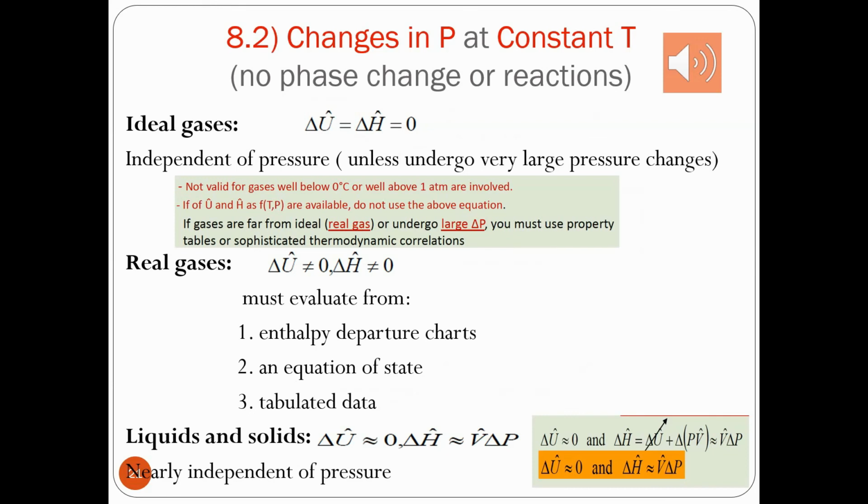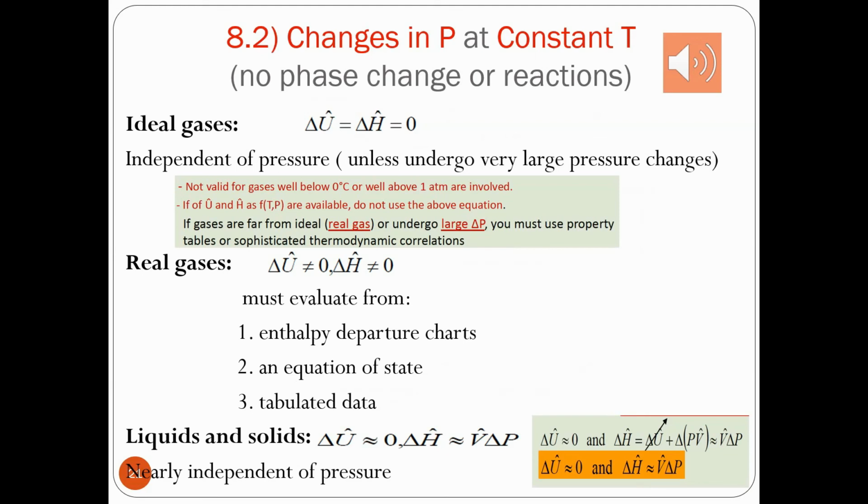If gases are far from ideal, or we can say it's a real gas, or it undergoes a large change of pressure, you must use property tables or sophisticated thermodynamic correlations.